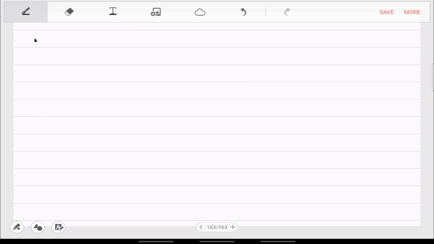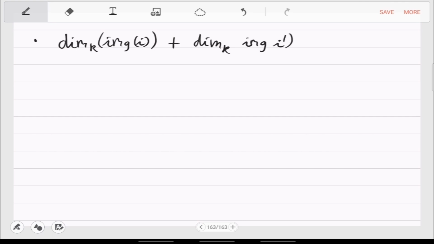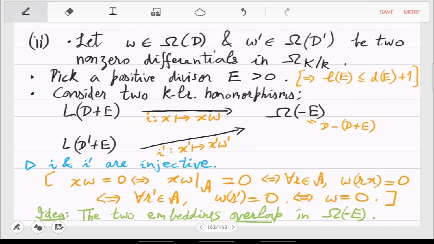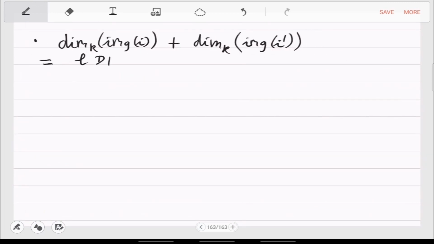So, let us check that by looking at the dimension of the image of I and the dimension of the image of I prime. So, image of I is just the L d plus E, image of I prime is just L d prime plus E. So, we have good information about these two.